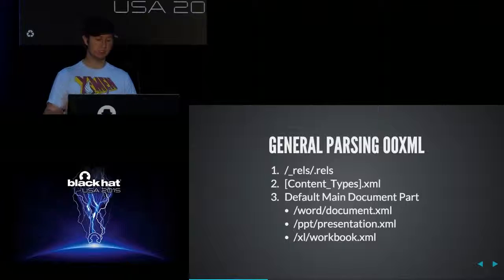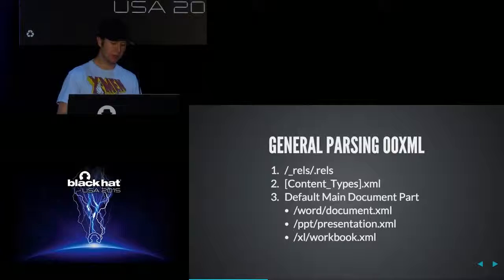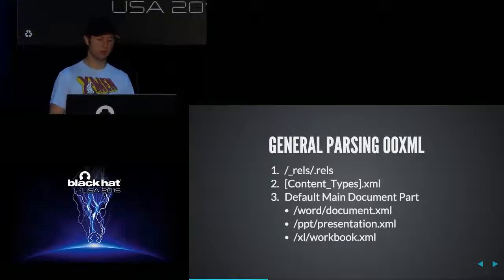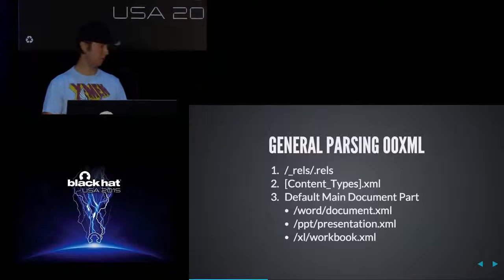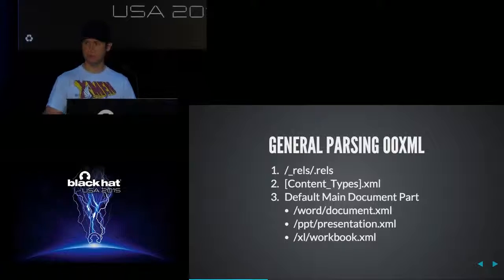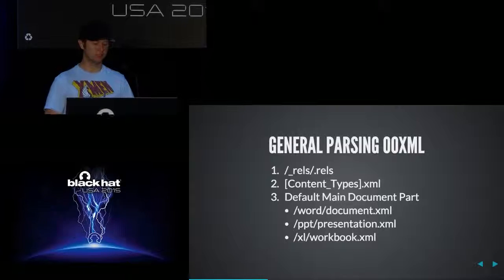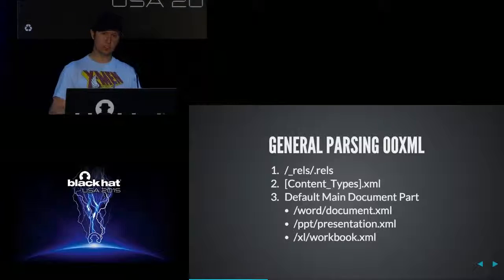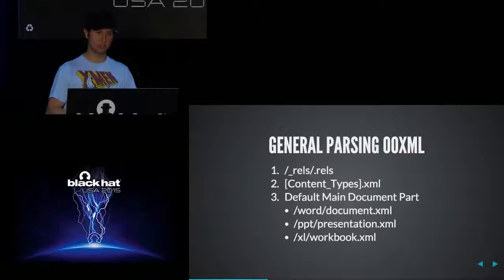Then, depending on what you want your app to do, you take apart the default main document part. For Word, this is /word/document.xml, and that's the main content of the document itself. I should mention for the first part too, there can be multiple relationship files, so there are different opportunities in there.